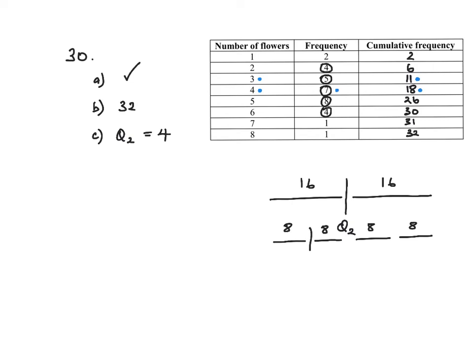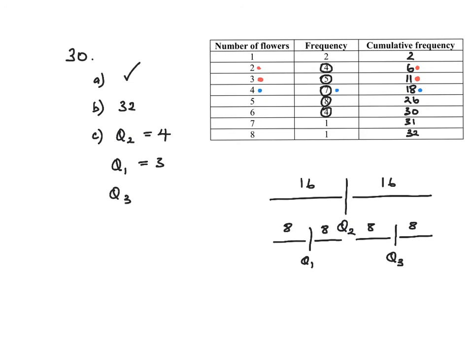Q1 is in this position here, between the 8th and the 9th pieces of data, and Q3 is between the 24th and 25th pieces of data. So between the 8th and the 9th pieces of data, now I hope you can see the 6th piece of data is a 2, and so the 8th and the 9th can be found in this group here, which is to say 8th and 9th are both 3. So Q1 then equals 3.